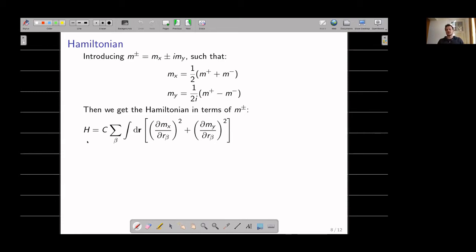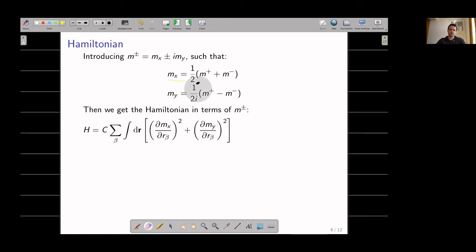As I hope you all remember, for the generalized coordinates P and Q, one can write the ladder operators, the creation and annihilation operators, and as you can see, it's the same scheme. The m plus and minus will introduce 2 different operators that are linear superpositions of mx and my. We write them in the following manner, quite usual.